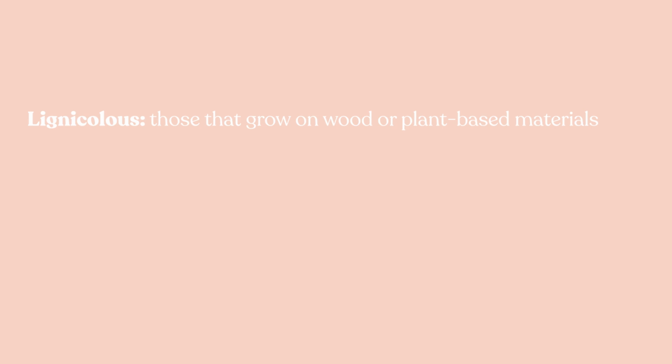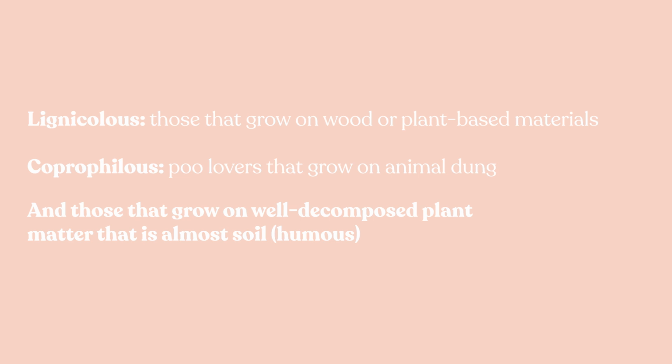Each habitat features not only different environmental conditions, but also different foods and growth substrates. There are three broad categories of magic mushrooms: lignicolous, those that grow on wood or plant-based materials; coprophilous, poop lovers that grow on animal dung; and those that grow on well-decomposed plant matter that is almost soil.